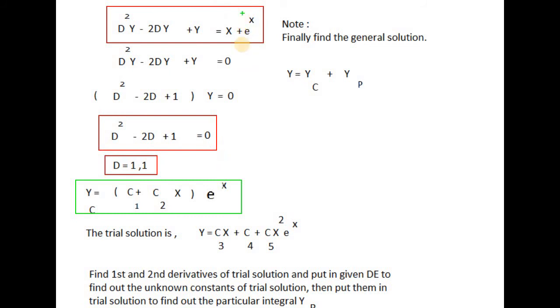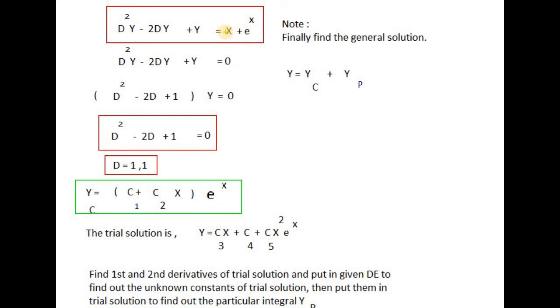Now looking at this function q, there is a similarity with e power x. Here we have e power x, and similarly here we have e power x. So while choosing the trial solution, we have to generalize function q, and we have to make e power x a little bit different, because e power x lies in both function q and yc.